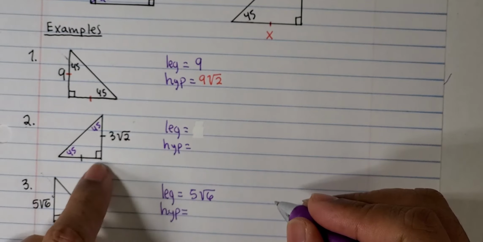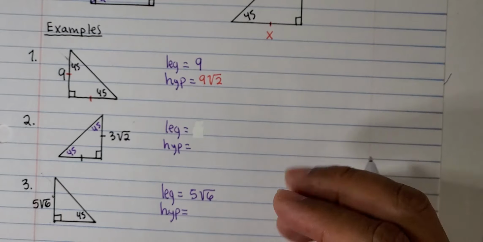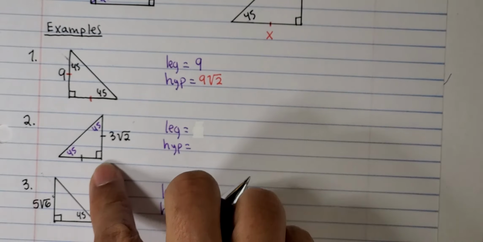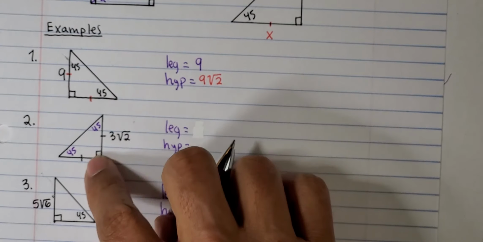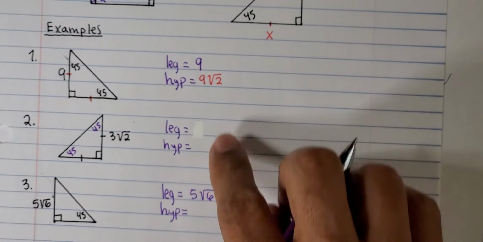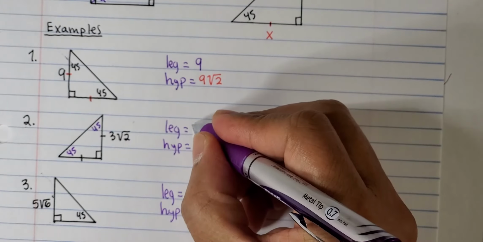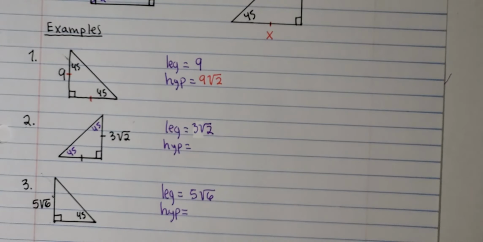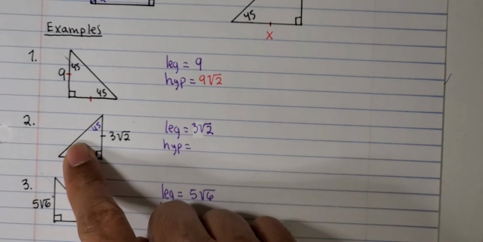Because these two are equal, something that I forgot to mention is that these triangles are isosceles right triangles, okay? So maybe that'll make it easier. So this is 3 square root of 2. So the leg is given to have a measure of 3 square root of 2. Now the question is, what is the length of the hypotenuse?